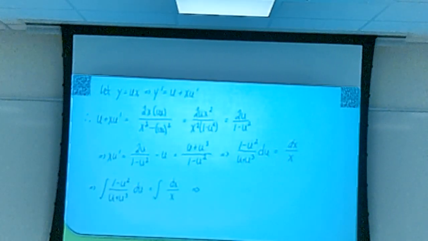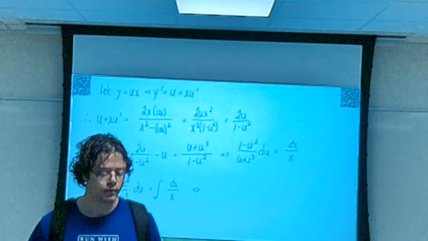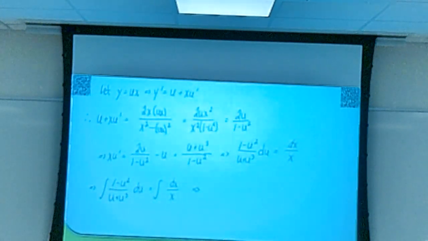That left-hand integral, how would you go? You just make it 1 over x dx. And then the left-hand. Oh, the left hand. Right-hand is easy.